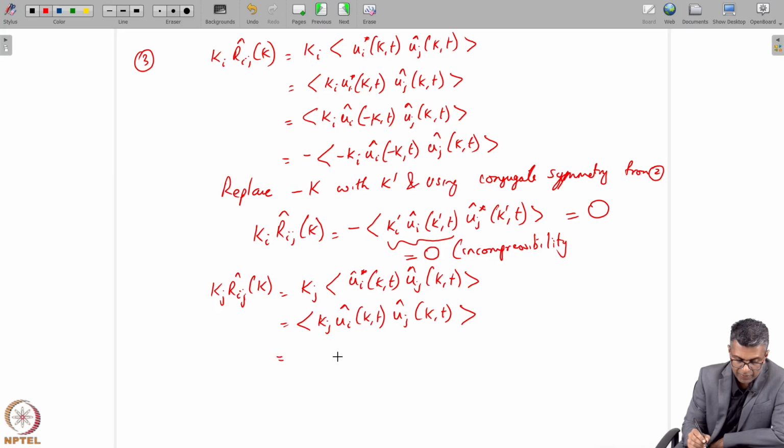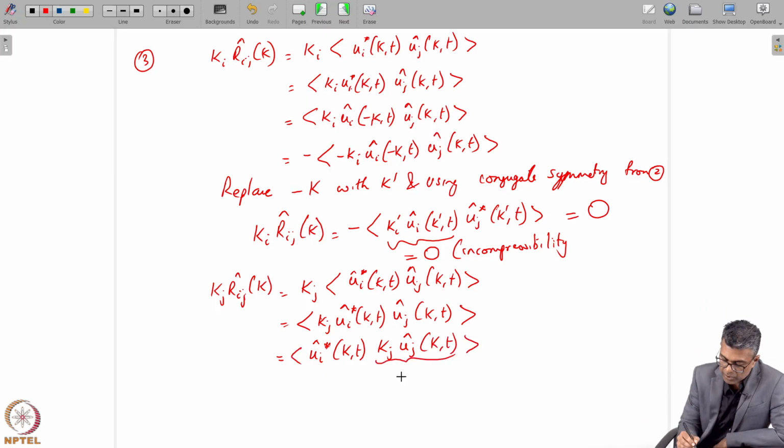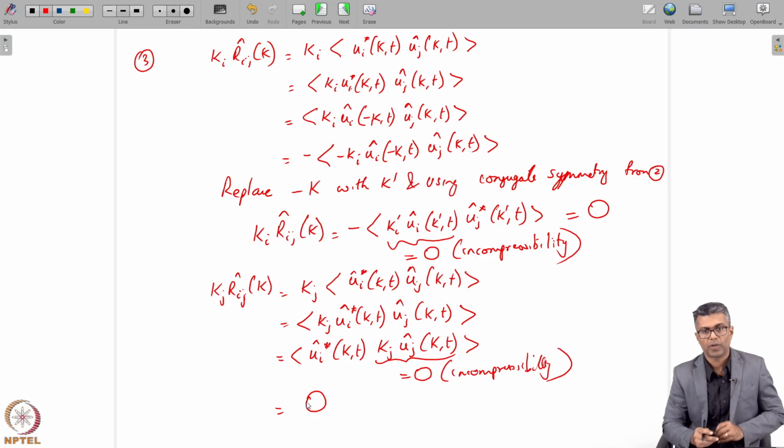I'll group the kappa j along with uj. So this is star, by the way: ui hat star of kappa comma t and then kappa j uj hat of kappa comma t. I just grouped this, shifted it to the left. Now this is going to be equal to 0 again because of incompressibility. So this is equal to 0, hence proved.